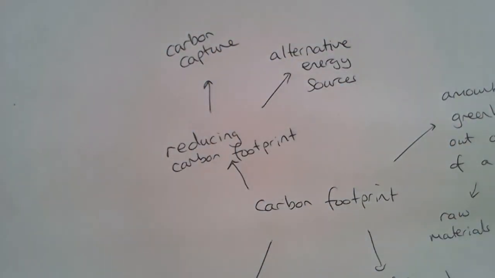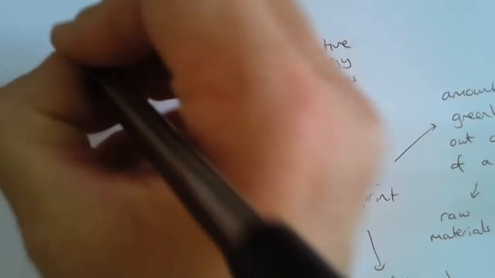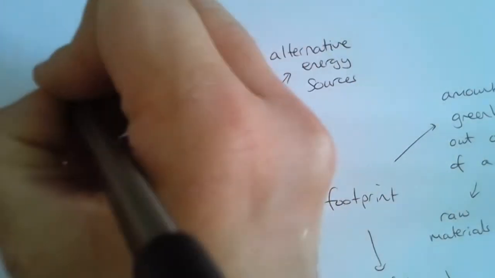We can do something called carbon capture. Now, carbon capture is where the carbon dioxide that's being produced by power stations is not put straight into the atmosphere, but is taken and can be buried underground or pumped underground at pressure, and we basically get rid of it that way.